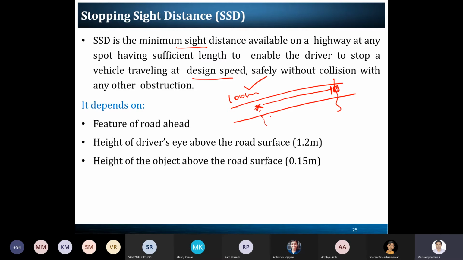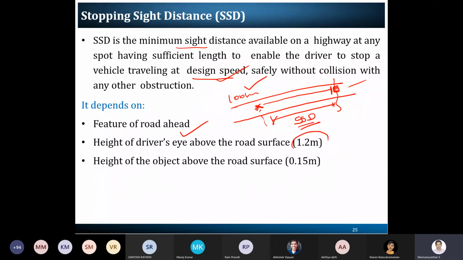So this distance is considered the safe stopping sight distance, SSD, which is the distance in which we safely stop the vehicle when traveling at the design speed to avoid the conflict. Basically it depends upon the features of the road and the height of the driver's eye above the road surface.